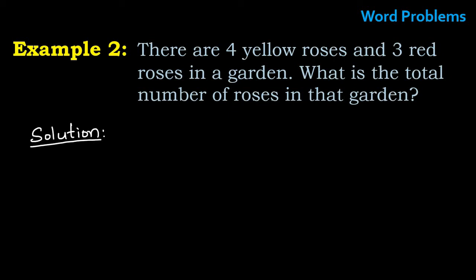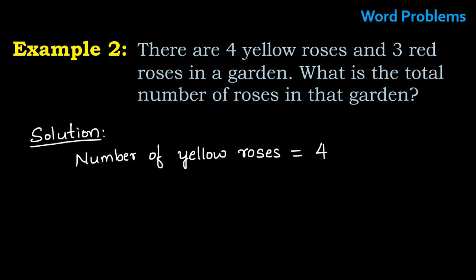So the number of yellow roses is equal to 4.